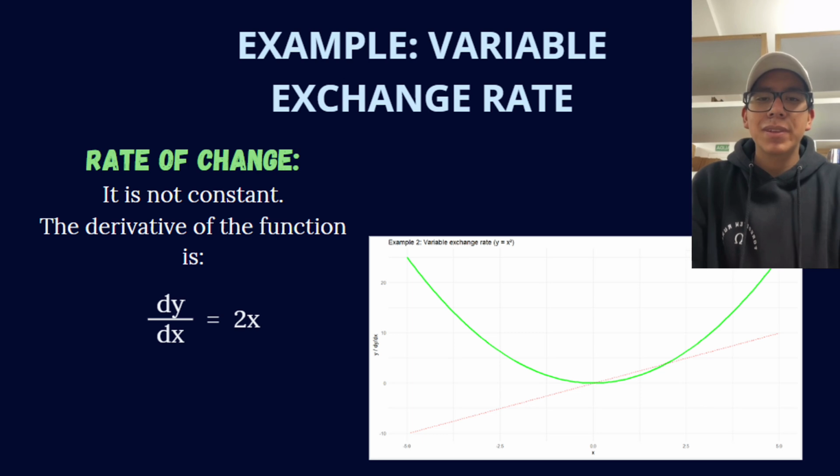Its rate of change varies because the derivative 2x increases with x. For example, at x equals 1 the slope is 2, and at x equals 2 it's 4. Knowing that the slope changes point by point helps you predict how fast a quantity accelerates or decelerates.